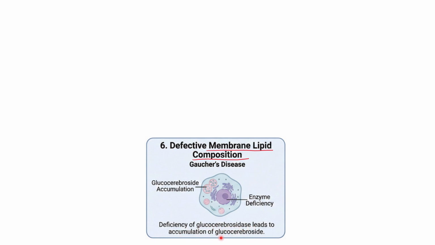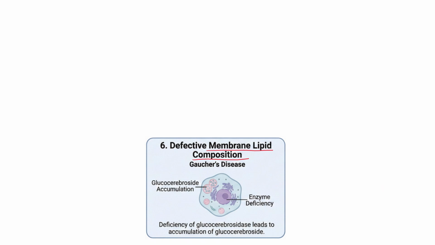Because of that, there is accumulation of glucocerebrosides in the cell membrane. And we already know the cell membrane is rich in choline containing phospholipids or ethanolamine or serine containing phospholipids. If instead of those things, glucocerebrosides accumulate, there is altering in the lipid composition and there will be problems.